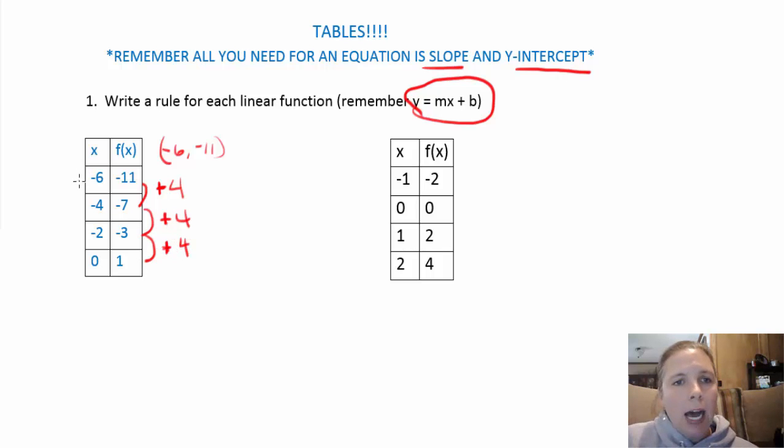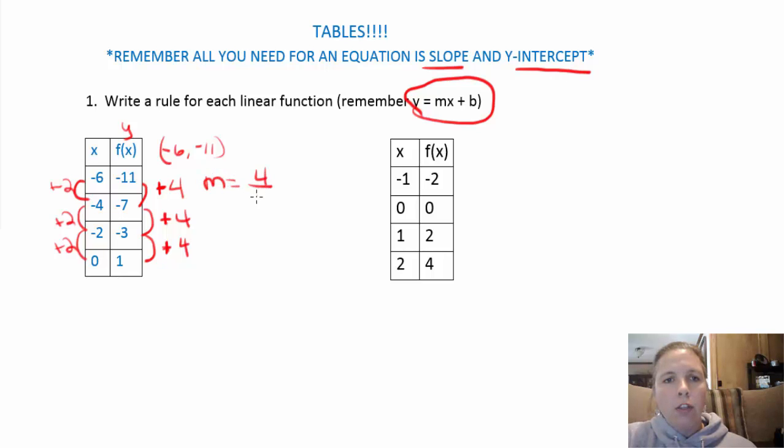And on this side, you're going from -6 to -4, so you're adding 2, adding 2, adding 2. So this is your change in y over your change in x. So your slope would be 4 over 2, which is 2.